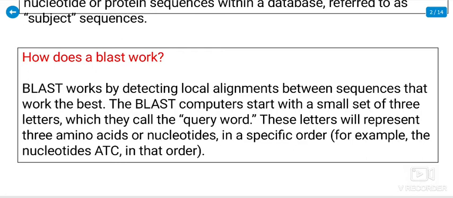These letters represent three amino acids or nucleotides in a specific order, for example the nucleotides ATC in their order. These are all examples of the working of BLAST.